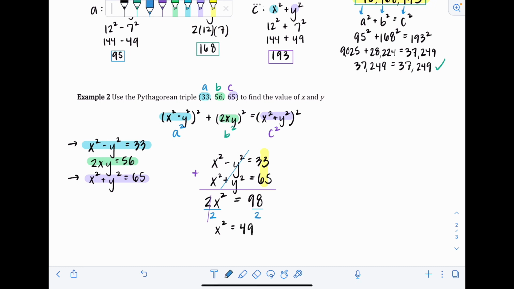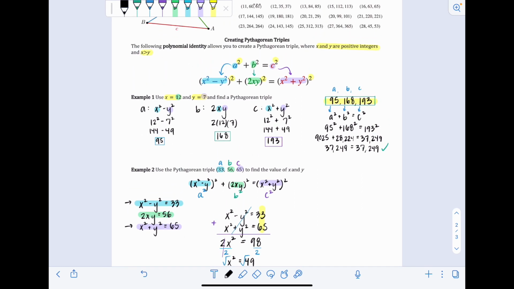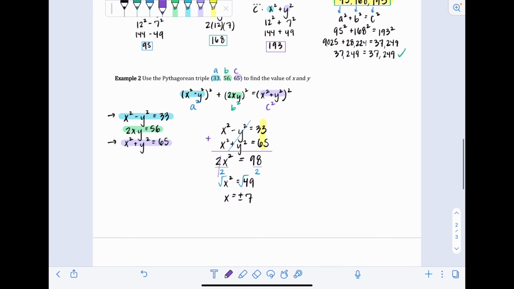And now I can square root both sides. So I end up with x equals positive or negative 7 technically. But remember that with the identity itself, x and y need to be positive integers, so the negative 7 wouldn't be valid here.